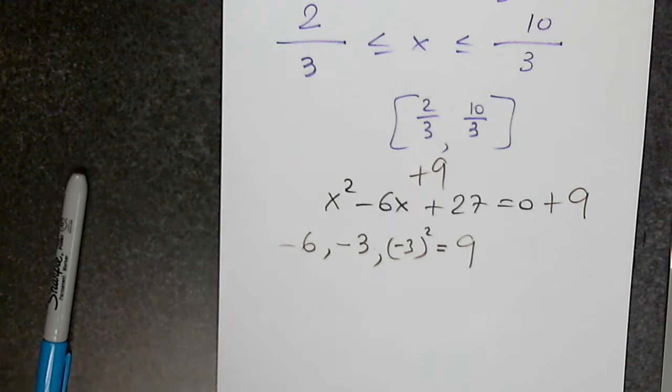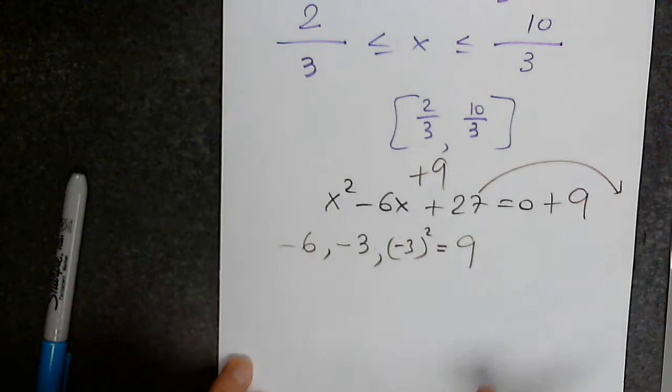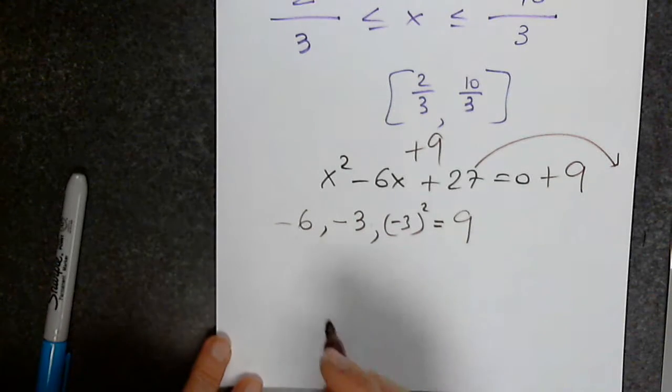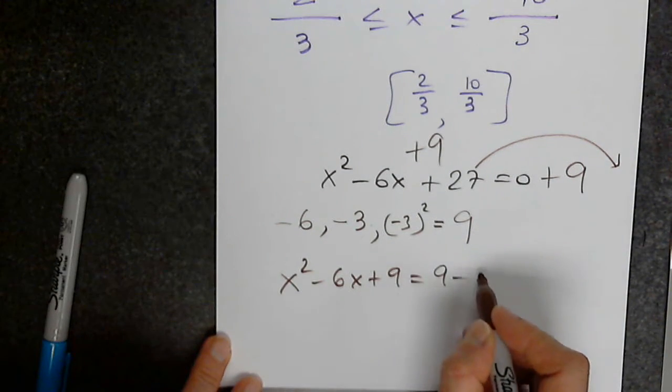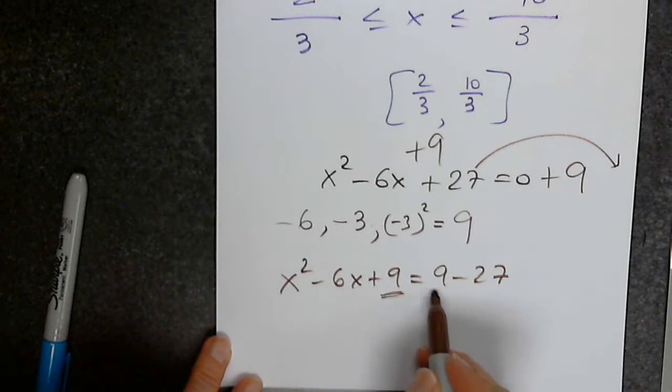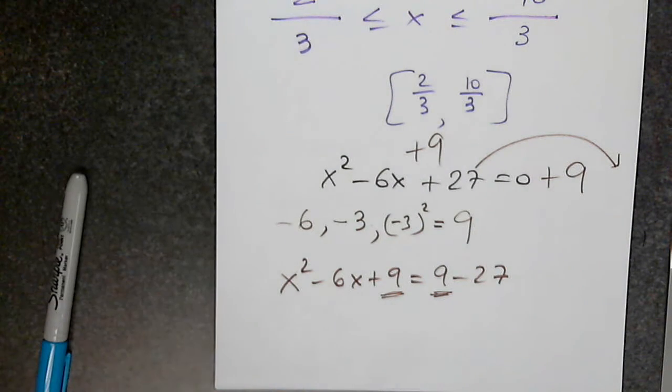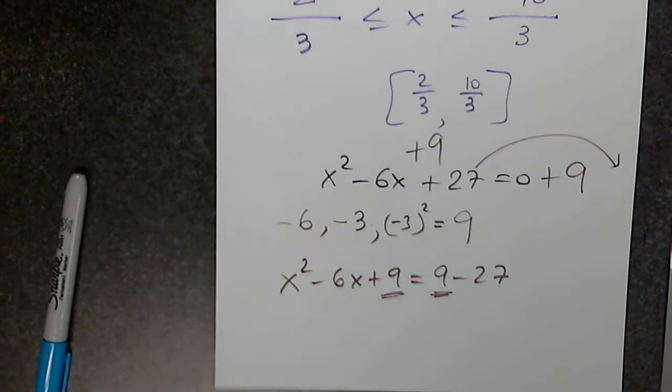We will rewrite the equation and move 27 to the other side, of course changing its sign. So now I have x squared minus 6x plus 9 equals 9 minus 27. Please remember, we have to add to both sides. Now the left-hand side is something I tortured you for the last 3 months and a half.